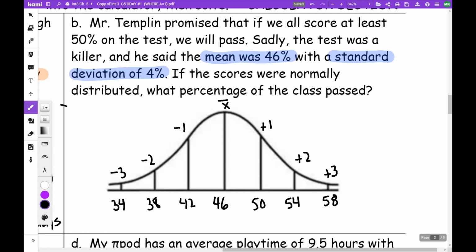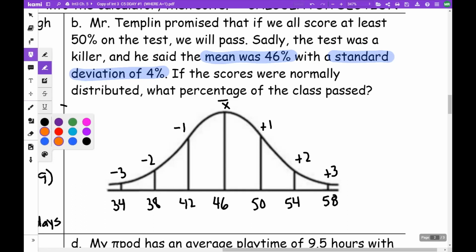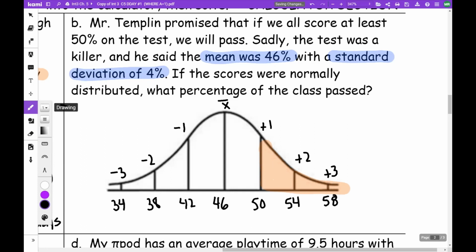Now we want to have 50 or higher. So 50 or higher is going to be this. This is what I'm going to be looking for. On my calculator, I'm going to do the normal CDF. The lower bound is going to be 50.